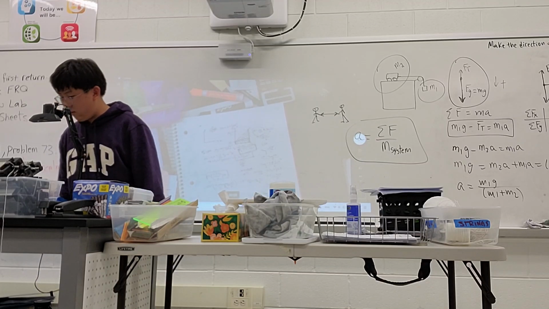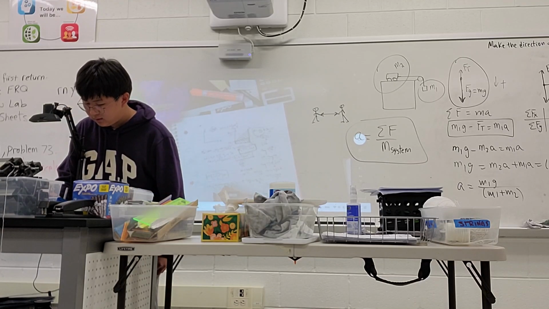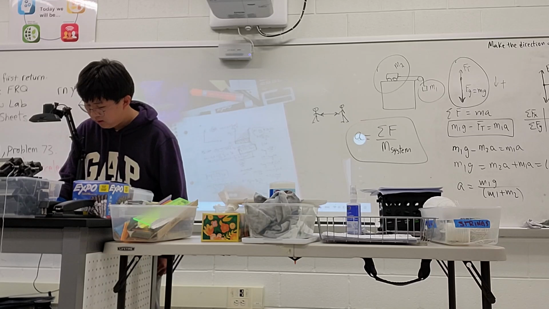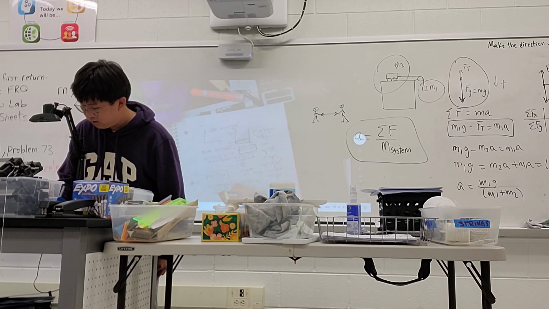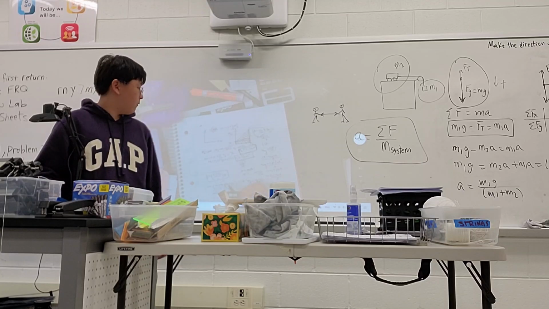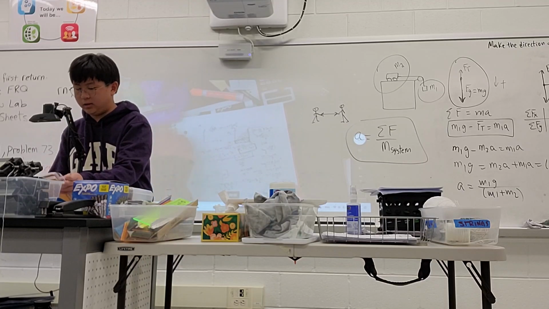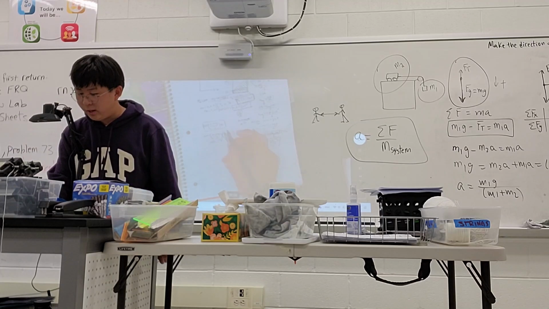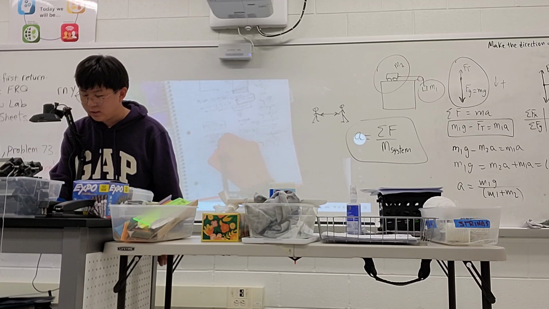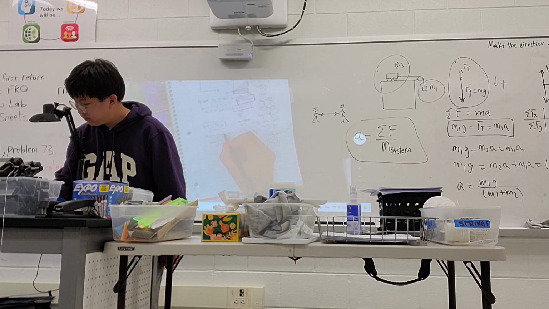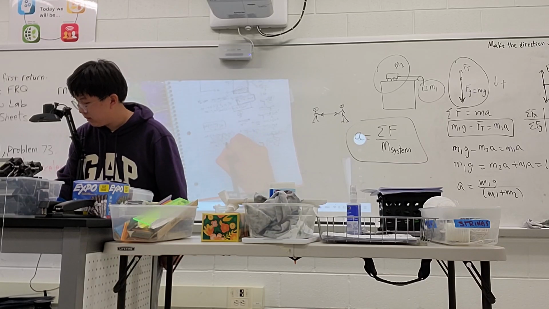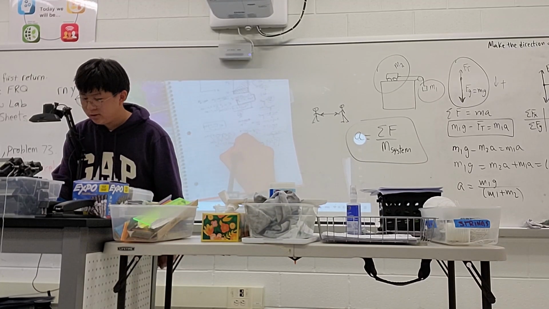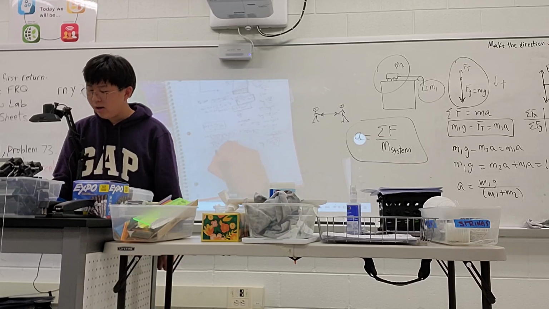We can simplify this because we know that delta x 2a equals velocity final squared minus velocity initial squared. If we want to get velocity final by itself, velocity final squared equals velocity initial squared plus 2a delta x. So there we go.